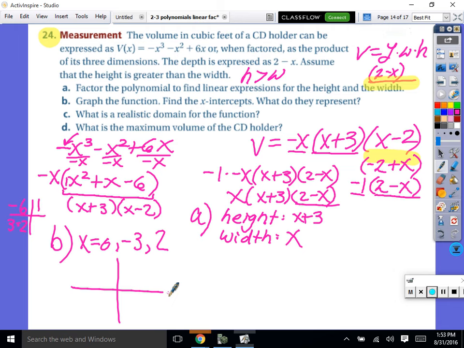You can type it in either like this or in the factored form, it doesn't matter. If you graph it, it's going to cross obviously at -3, 0, and 2. It looks like this.